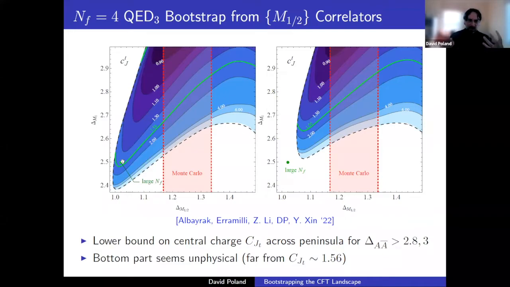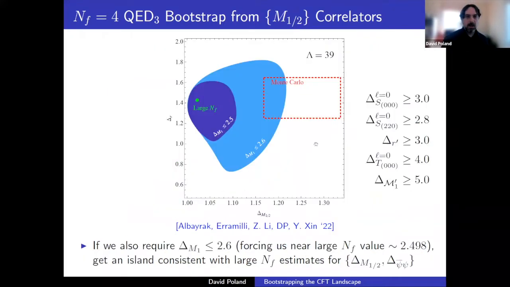So that seems like an interesting coincidence that you might want to take seriously. Another thing we can see from these lower bounds is that the region at the bottom of these plots has very strong lower bounds on this central charge and is likely to be unphysical. So that's another thing that we can conclude. The right plot is showing what happens when you assume AA bar is irrelevant. Then the location moves up a little.